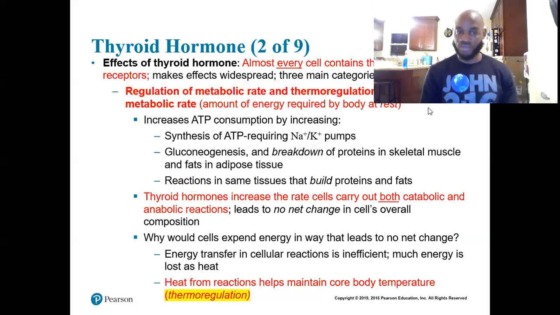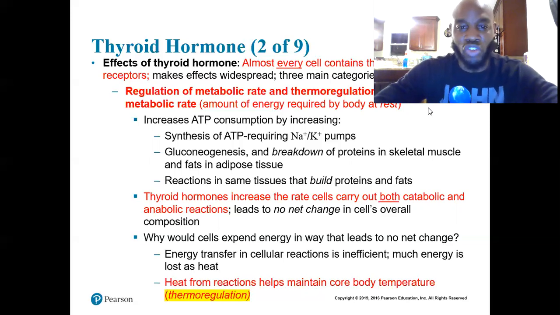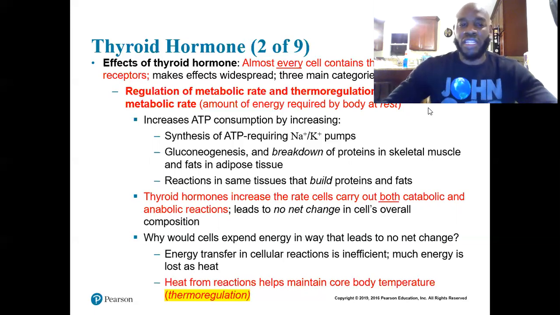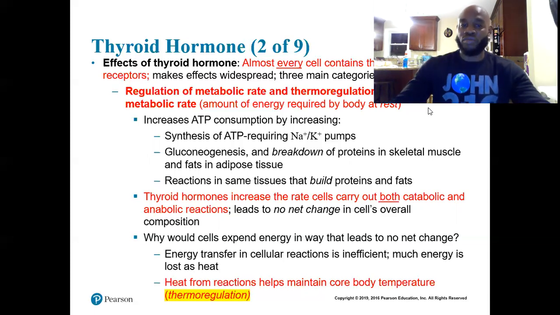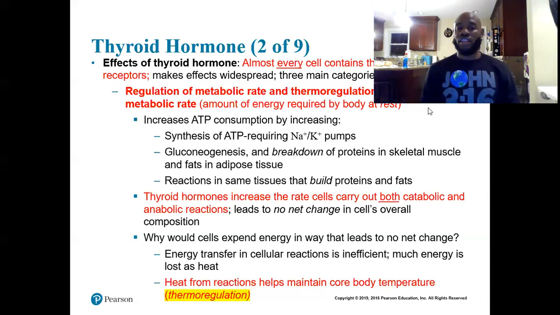Thyroid hormone regulates your metabolic rate and thermoregulation, and sets your basal metabolic rate. So what does that mean? It increases ATP consumption. Your thyroid hormone helps you burn more, increase more ATP, which is what your cell uses for energy, right?